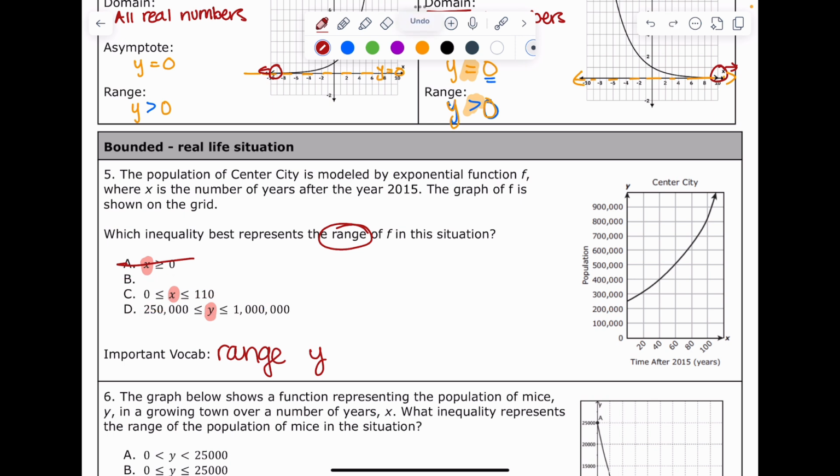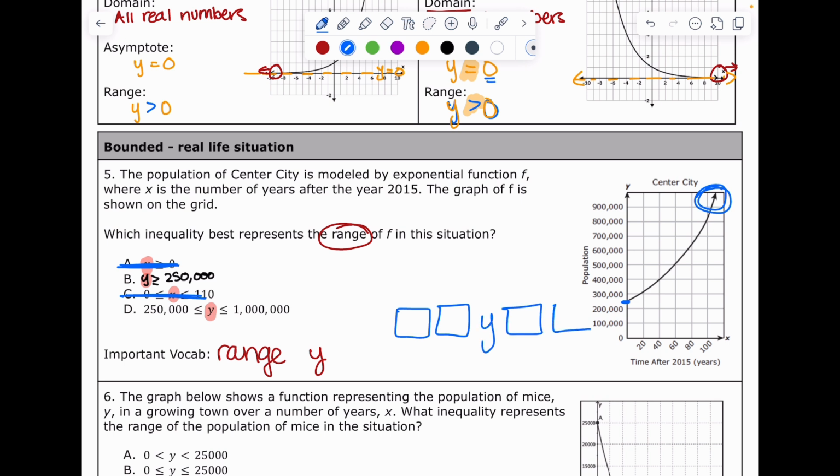So we are going to add another answer choice: y greater than or equal to 250,000. I have y, so I know I'm going to eliminate A and C. I have box, box, y, box, box.